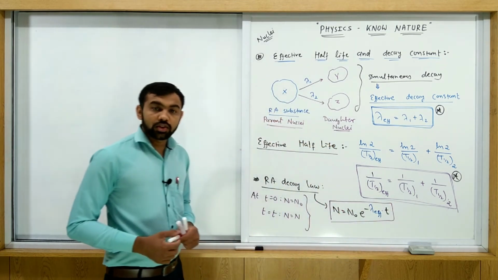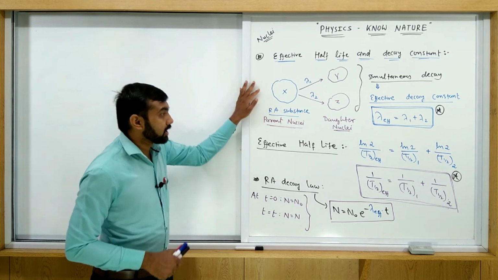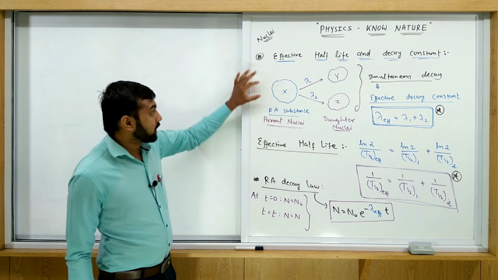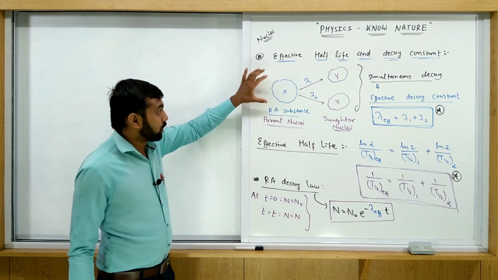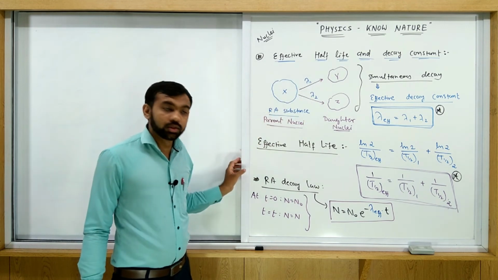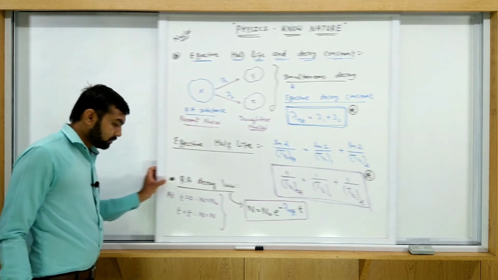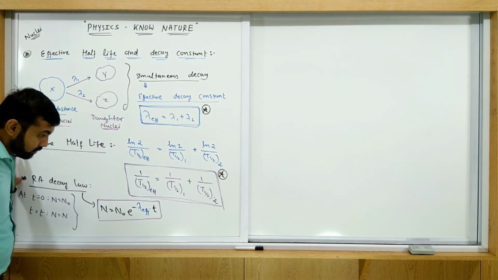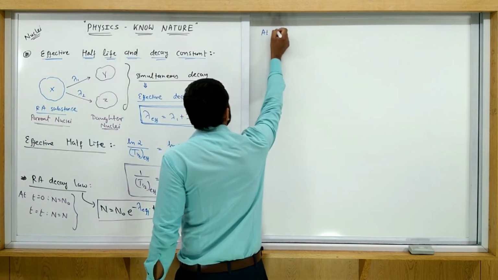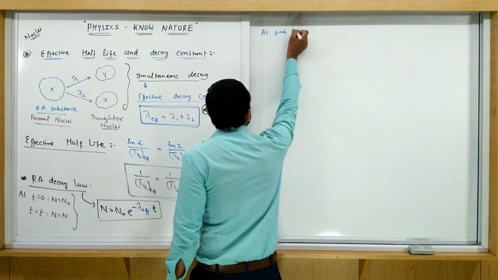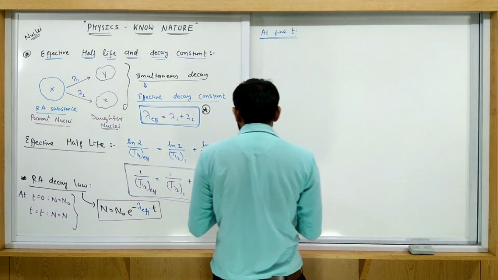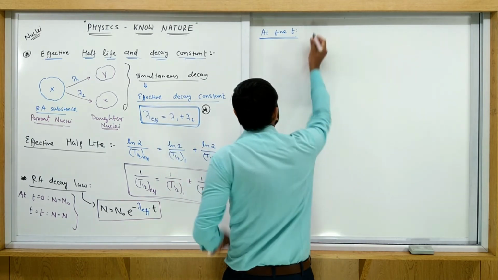One another question is asking in the same one. At time T, how do we give the number of nuclei for Y and Z both?